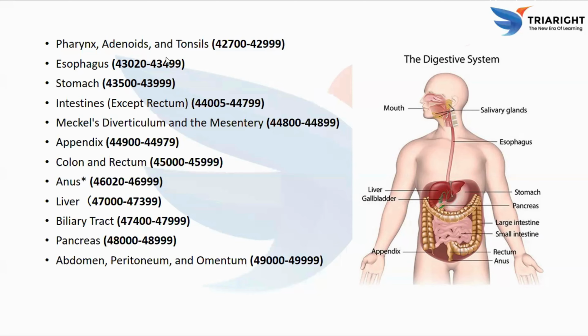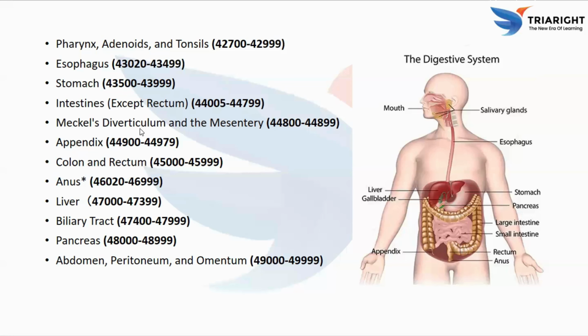Stomach: the code ranges are 43,500 to 43,999. It includes gastroscopy, gastric biopsy, ulcer repair, and partial or total gastrectomy. You have to always check whether the procedure is an open or laparoscopic approach, and whether it's a diagnostic procedure or a surgical procedure. And intestines except rectum.